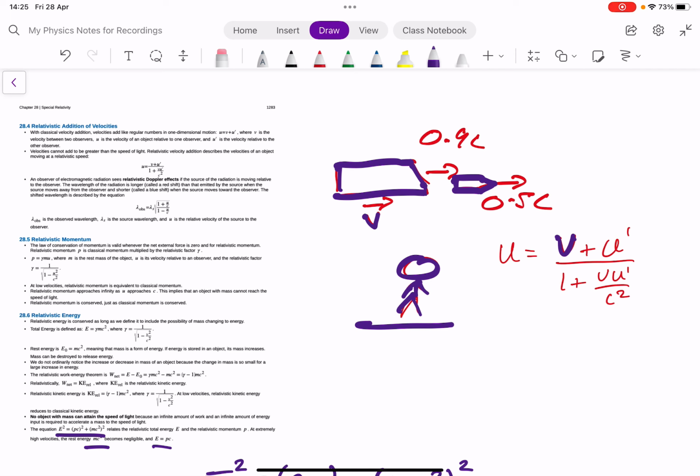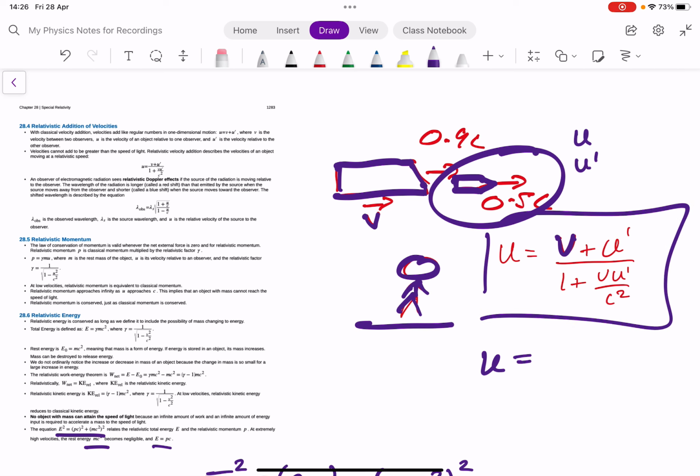The person on the platform would view this as travelling at a different velocity. So the u and the u dashed are the velocity of this object, dependent upon which observer you are referring to. So this equation, as it stands, u equals v plus u dashed, and so on, would give the velocity of the firework being fired from the train according to the person on the platform.